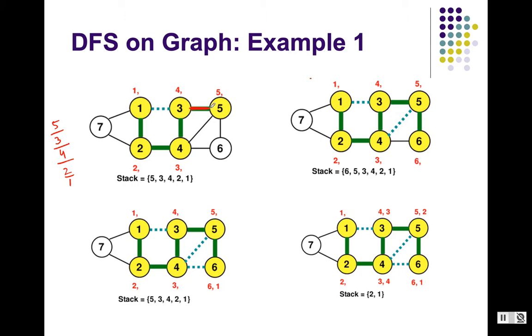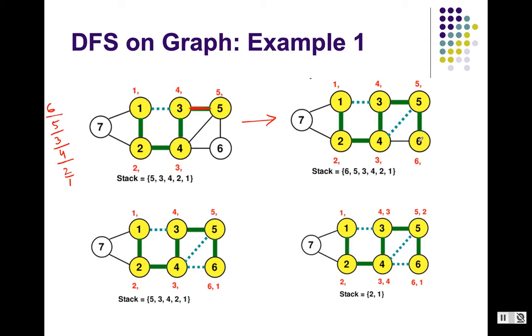We highlighted this edge because we are using it to traverse the graph. From 5 we go further deep. 5 has 3, 4 and 6 as neighbor nodes, but 3 and 4 are already visited, so we go to 6 and add 6 to our stack. Its start time will be 5 plus 1, which is 6.